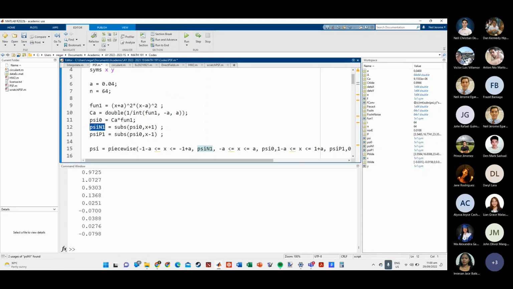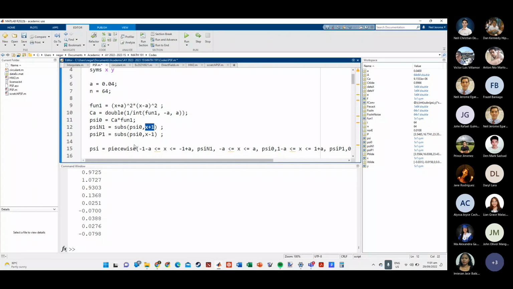So, ang gagawin ko, yung lahat ng variables kay psi sub 0, papalitan ko ng x plus 1. Kasi shinif ko siya 1 unit pakaliwa. So, ibig sabihin, yung mga x's na kay psi sub 0, dapat mapalitan ng x minus -1. Kasi minove ko siya pakaliwa. So, lahat ng x's na makikita ko kay psi sub 0, dapat mapalitan ng x plus 1 whenever I'm dealing with the interval -1 minus a hanggang -1 plus a.